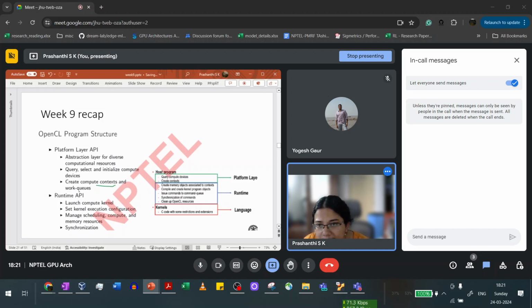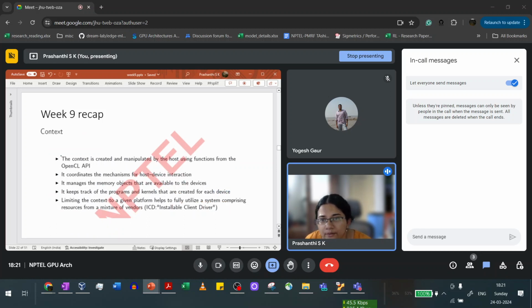These are your primitives. Then you have the runtime API. This is for various operations like launching your compute kernel, setting the execution configuration, managing the scheduling, the compute, and the memory resources, and synchronization. So this is broadly your division in terms of the program structure.